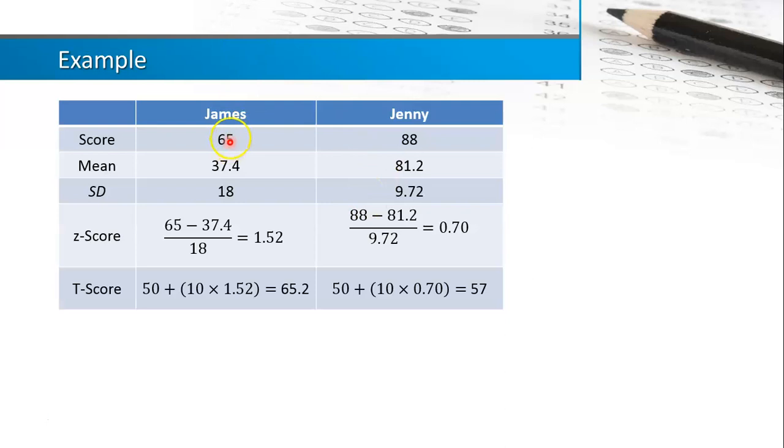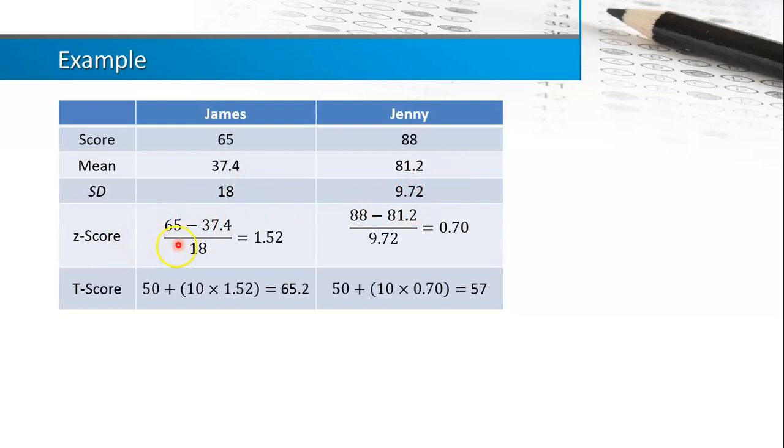So you just make the same table. James' score is 65, Jenny's score is 88. The mean for James is 37.4, Jenny's is 81.2. The standard deviation is 18 for James and 9.72 for Jenny.